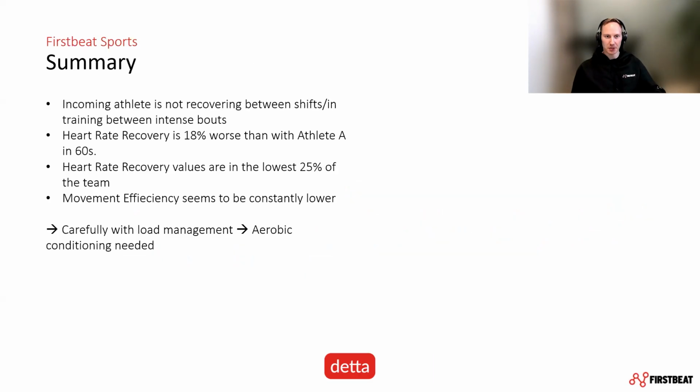Summary of this use case: the incoming athlete was not recovering between shifts in training, between intense bouts of exercise. The heart rate recovery was 18% worse than with athlete A in 60 seconds. The heart rate recovery values were in the lowest 25% of the team, and movement efficiency seems to be constantly lower.